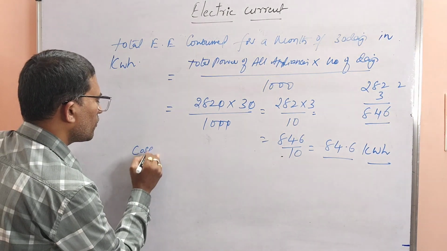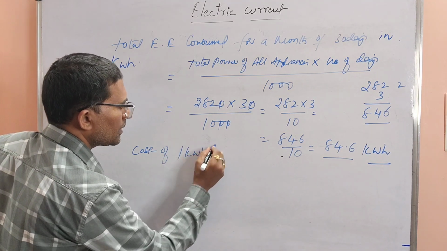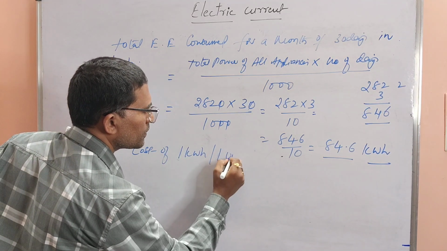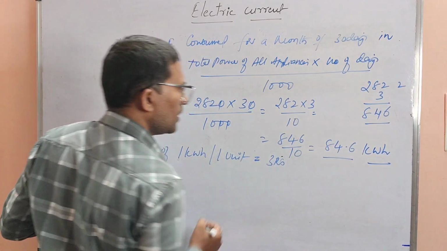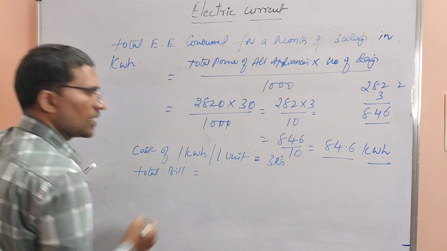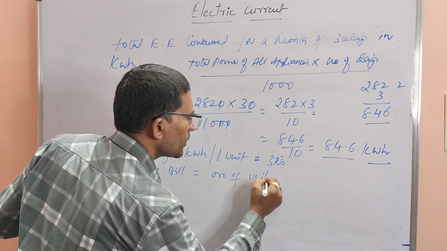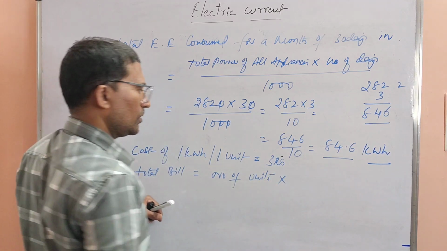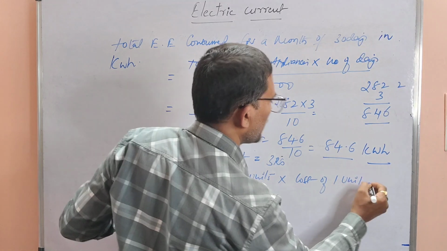Now cost of 1 kilowatt hour or 1 unit is equal to how many rupees? I told 3 rupees. Now total bill is equal to number of units into cost of 1 unit.